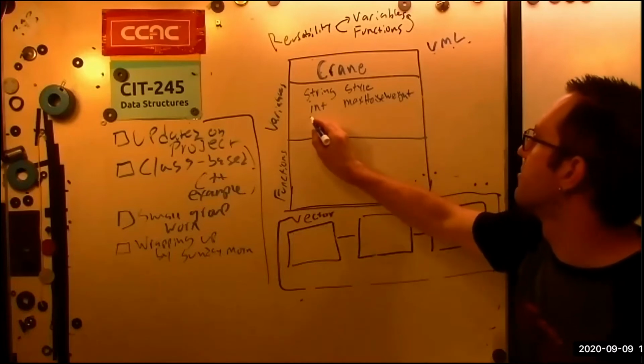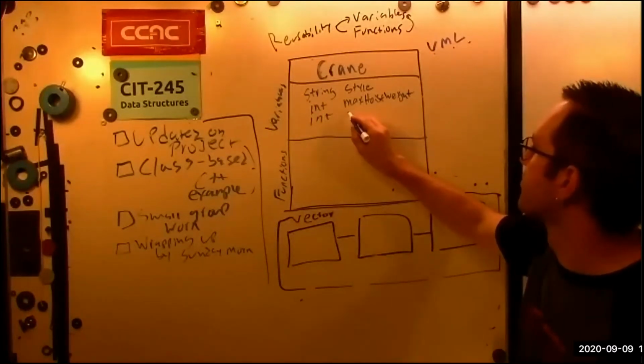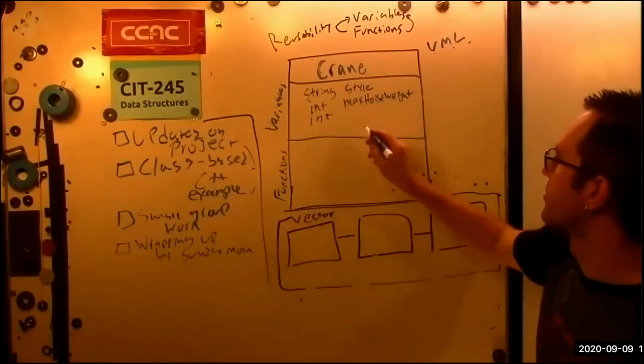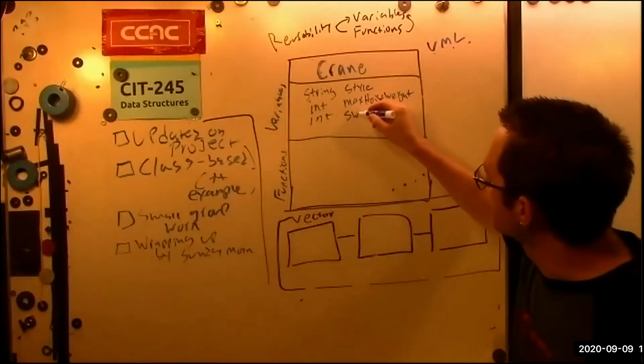We could have another int storing how far out from the pole the crane can swing, or swing radius.